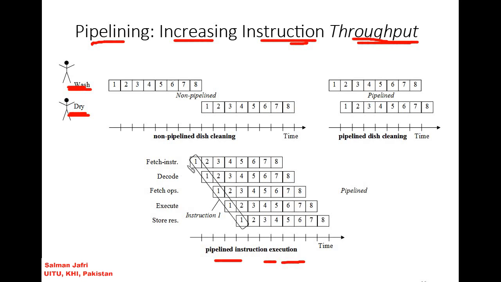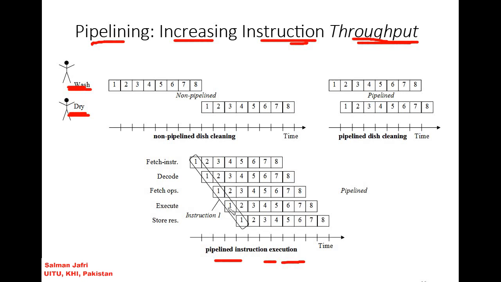So at time point 1, instruction 1 enters this first phase, and in time point 2, when instruction 1 has entered the second phase, instruction 2 has entered the first stage. Similarly, at this point in time, instruction 1 is in the third phase, and instruction 2 is in the second phase, and instruction 3 is in the first phase, and so on.